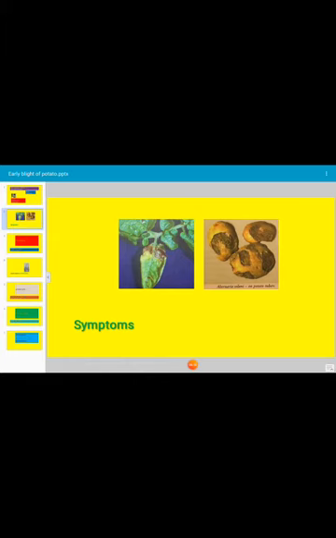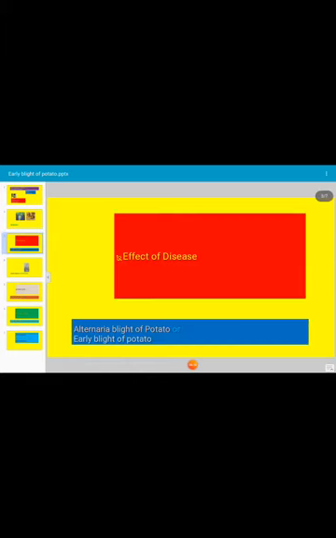Let us see the effect of the disease. How is the effect of the disease? The effect of the disease on the potato crop may sometimes be considerable. The peak period of attack of foliage blight, or the infection on the leaf of potato, usually coincides with the time when the plants have begun formation of tubers.